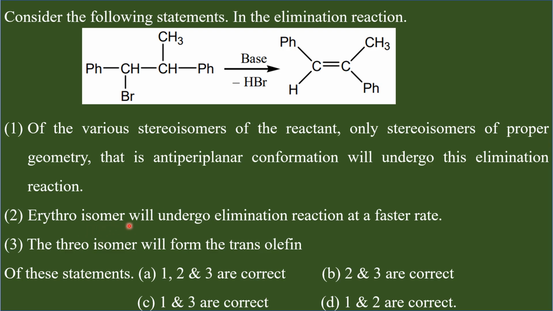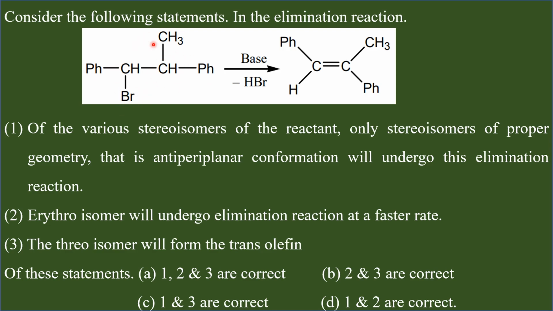Number two, the erythro isomer of this compound will undergo elimination reaction at a faster rate. So this compound can have two different isomers, erythro and threo. Erythro-threo notation can be assigned for this molecule, because you see hydrogen, phenyl, two groups are the same, bromine and methyl are different.